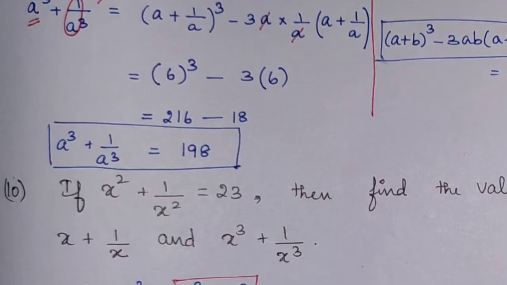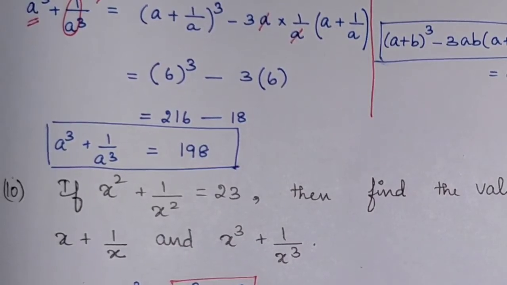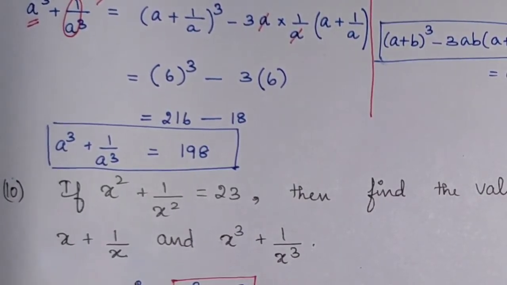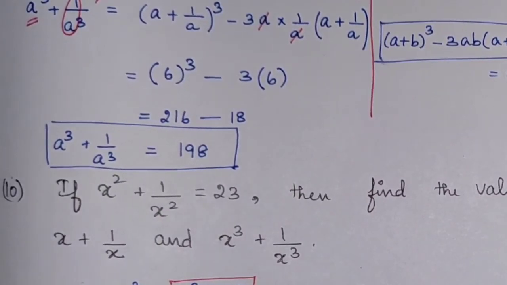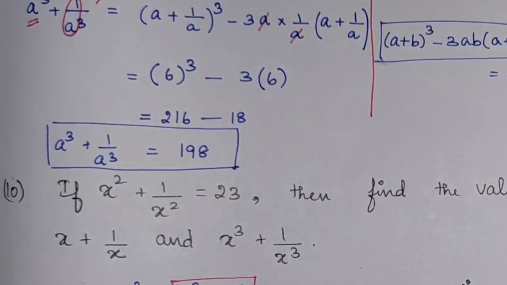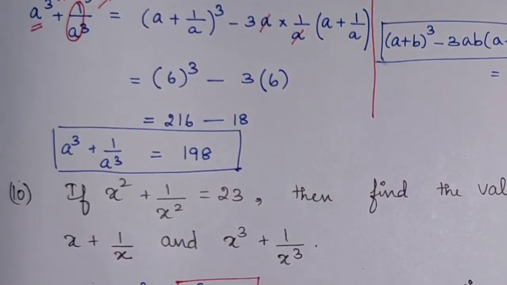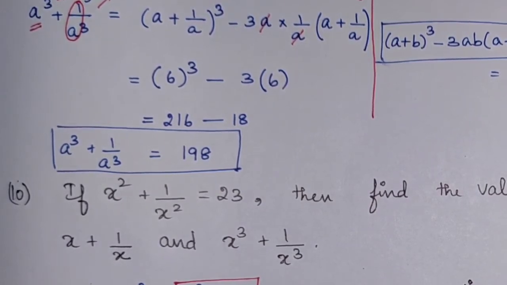Here a plus sign is there, so I'm going to rewrite this formula as a square plus b square is equal to a plus b the whole square, take this plus to the other side, minus 2ab. So a plus b the whole square minus 2ab.